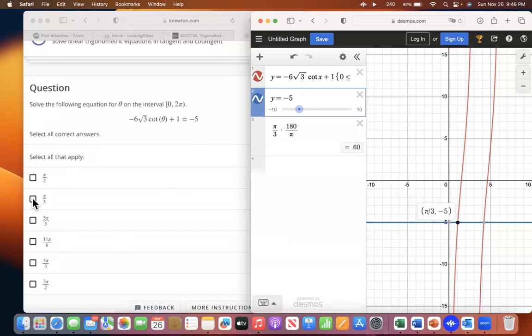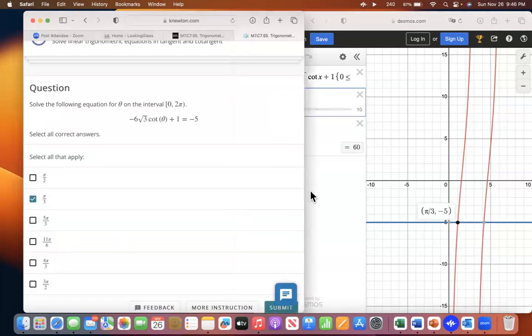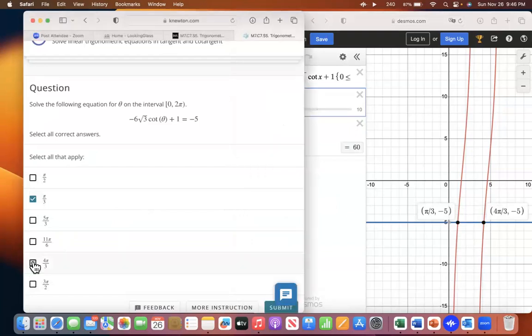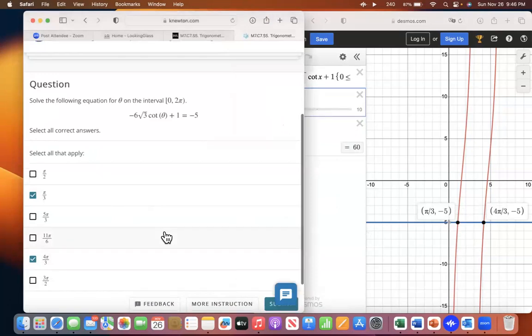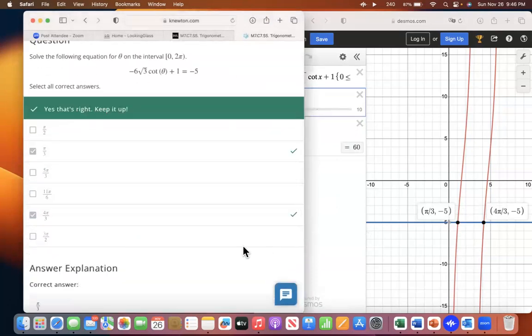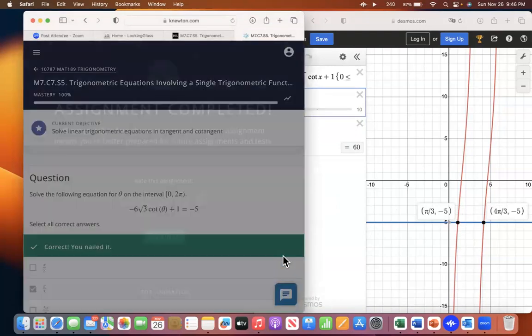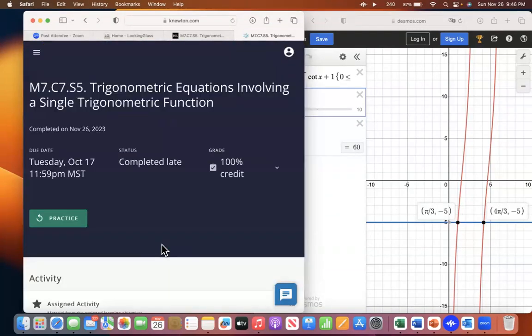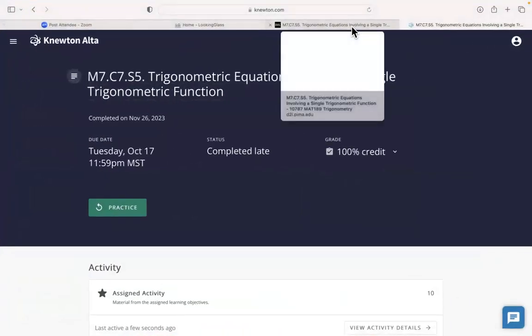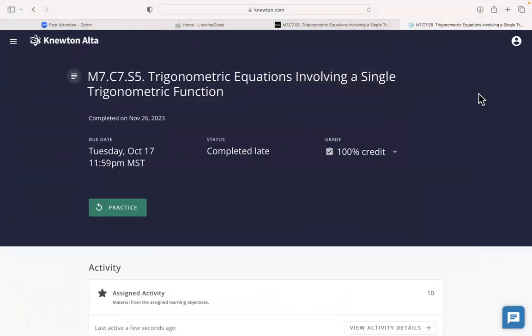Pi over 3, 4 pi over 3. Oh, wrong thing. Pi over 3, 4 pi over 3. Another one done. What was this one? Solving single line.